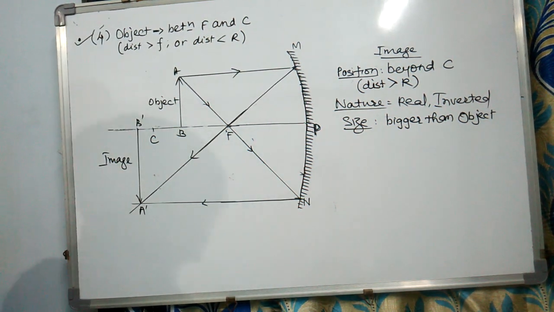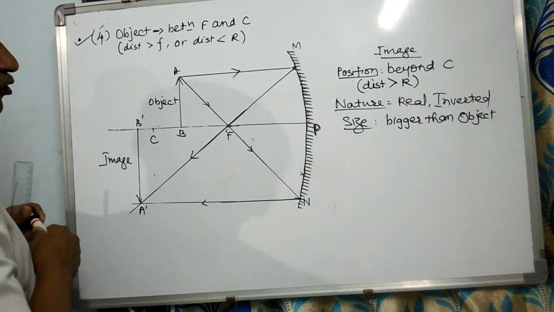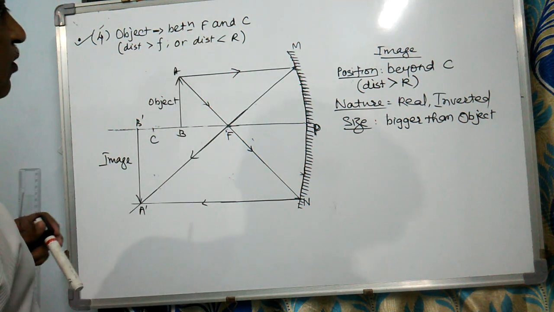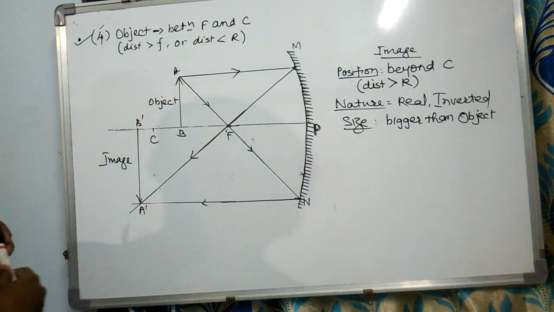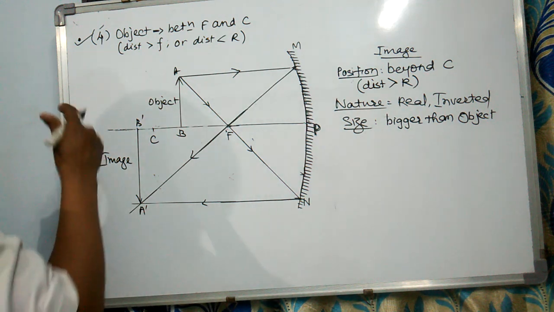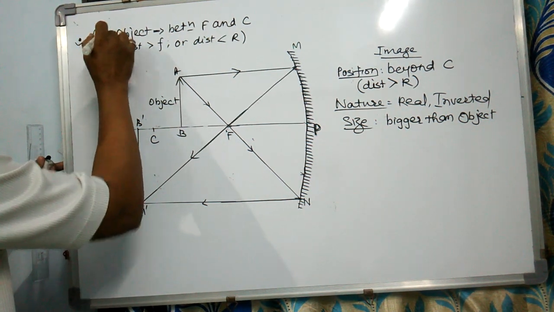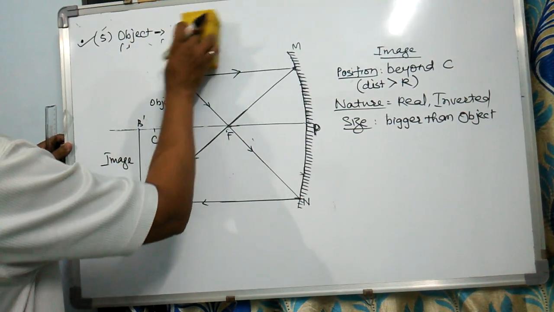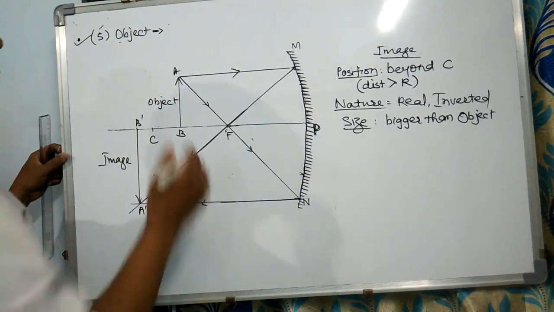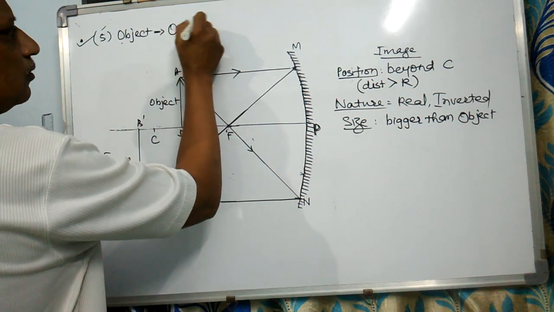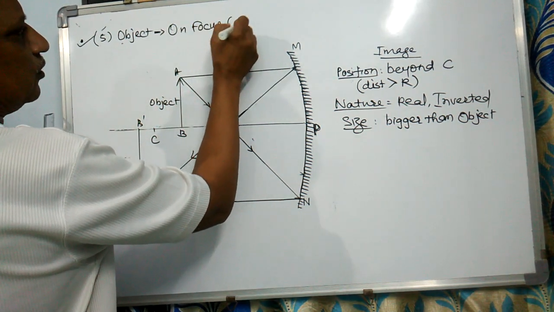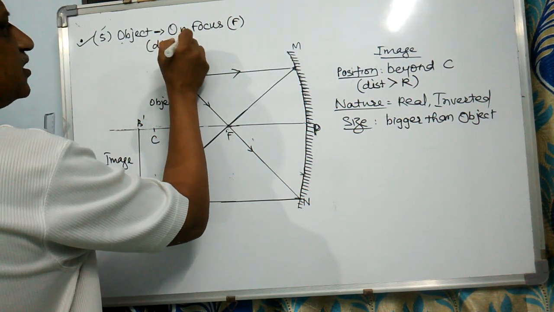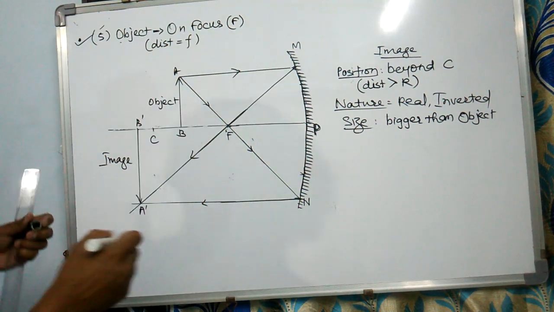Now the object should be placed on the principal focus. Object on focus F means the distance is equal to the focal length, small f.